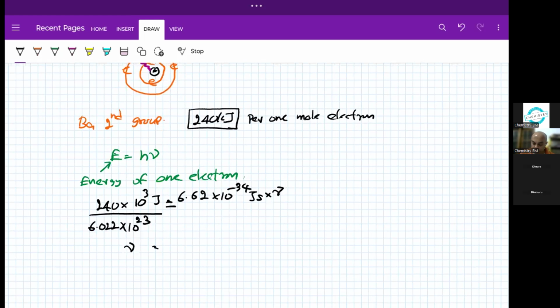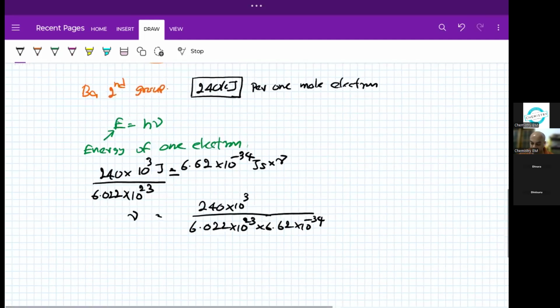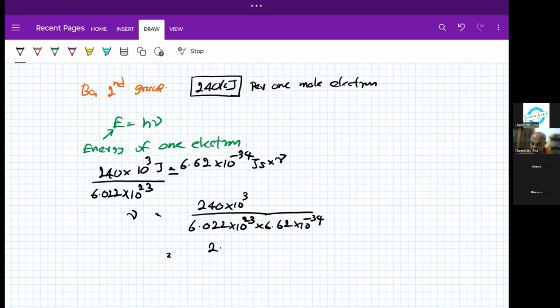Nu will be 240 into 10 to the power 3, divided by 6.022 into 10 to the power 23, into 6.62 into 10 to the power minus 34. If I do the math, this will be something like 2.4 into 10 to the power 5. Let's take the decimal places separately: 2.4 divided by 6.022 into 6.62.